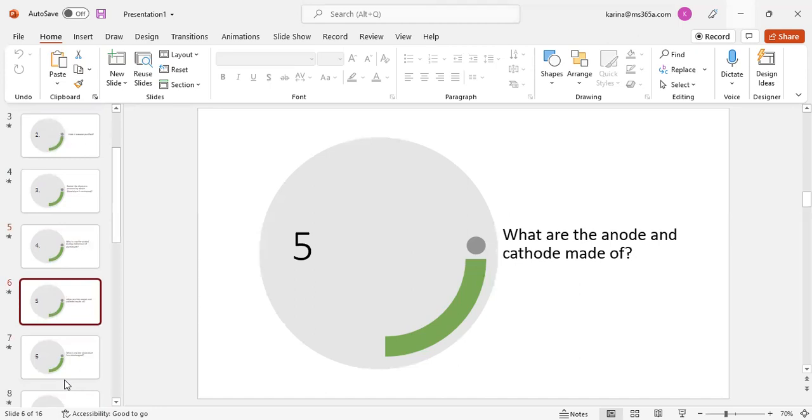Okay, we move on to question number 5. After Tiffany, that's Rene. What are the anode and cathode made of? Obviously, this is for the electrolysis of aluminium. What are the anode and cathode made of in this particular process?